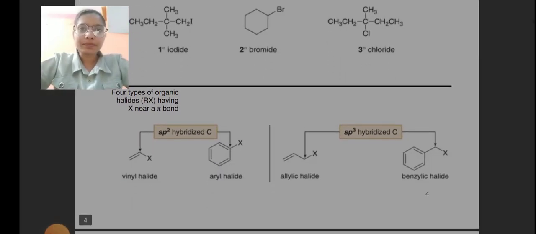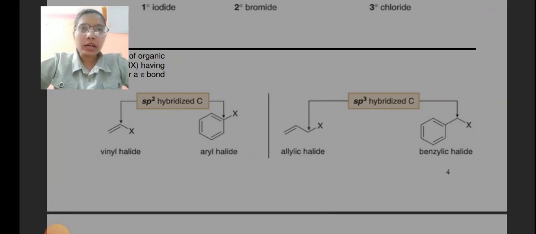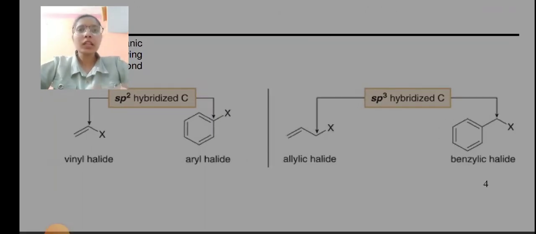Now let's see 4 types of organic halides having X near a pi bond. First, sp2 hybridized carbon. Here we can see a vinyl halide, in which C double bond C, X is connected to this carbon, which is an sp2 hybridized carbon.